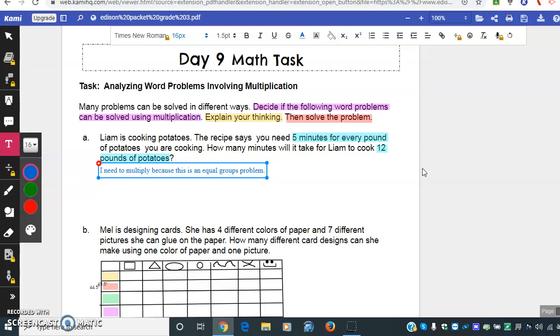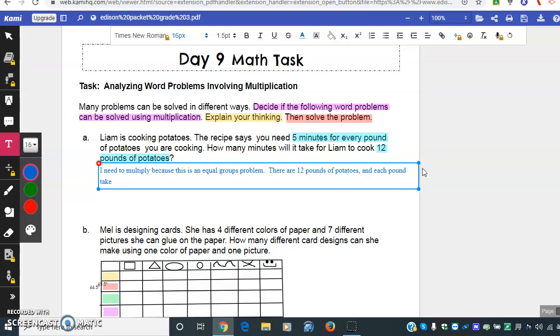Now, just to explain that a little bit further, I'm going to say there are 12 pounds of potatoes, comma, and each pound takes 5 minutes to cook. That's an equal groups problem, so this requires multiplication.